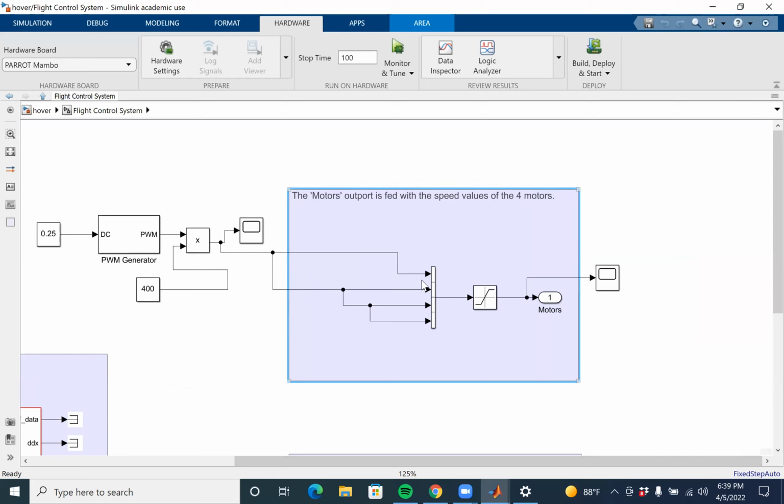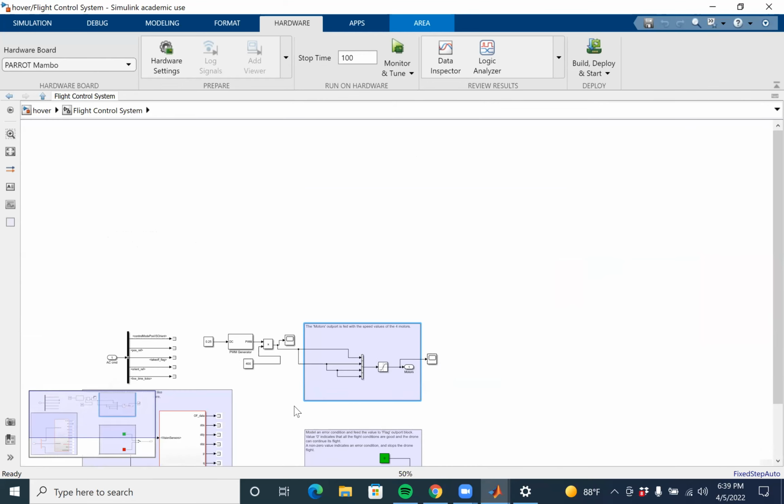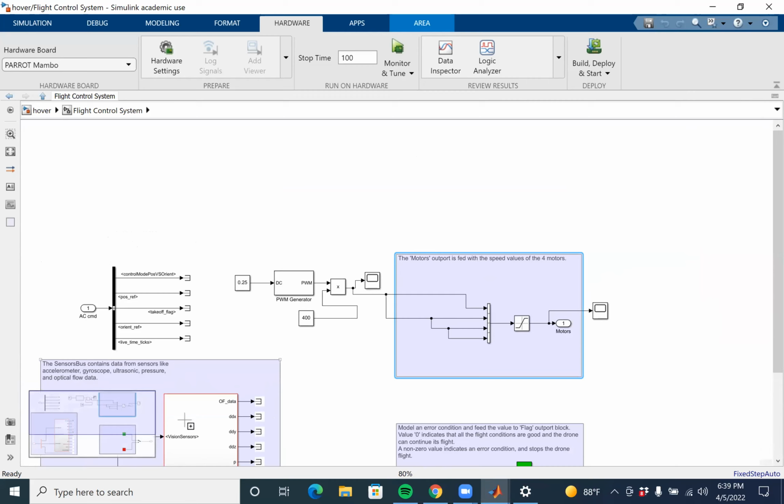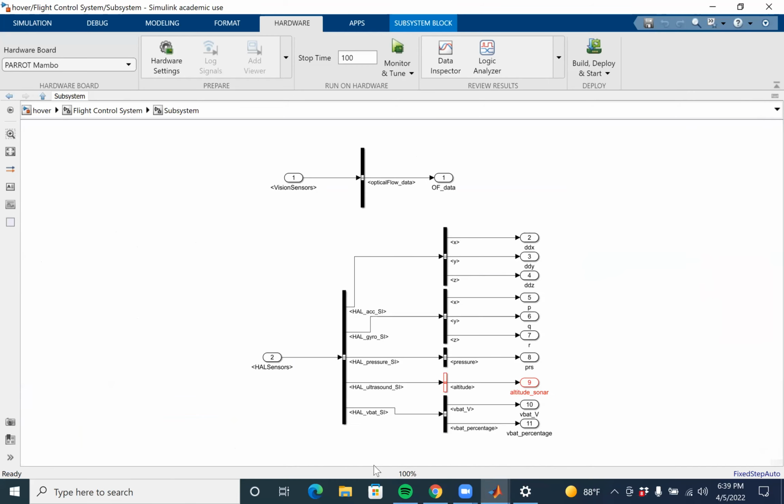This is motor one, motor two, motor three, and motor four. Now, what I asked you to do is use your complementary filter code from here and use that complementary filter code to control the speed of the motor.